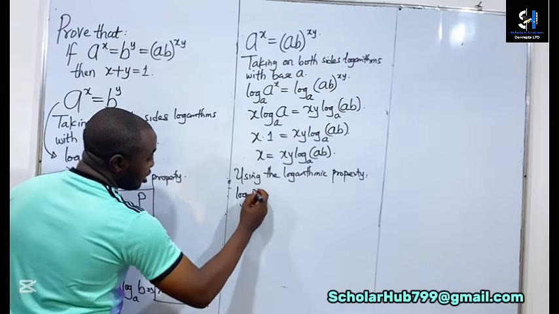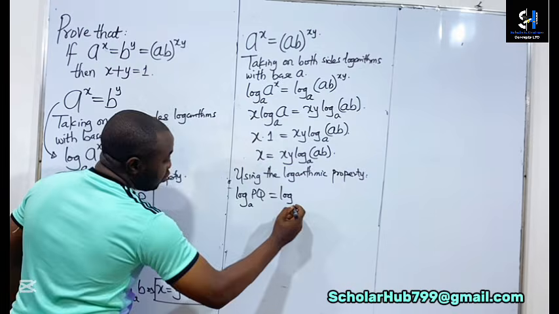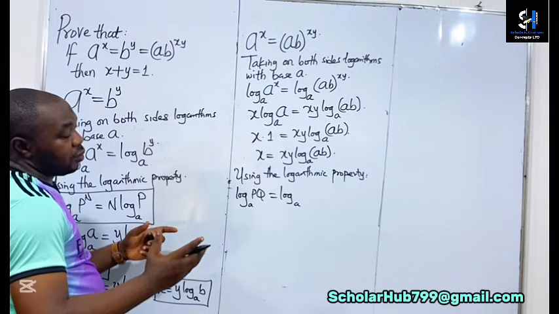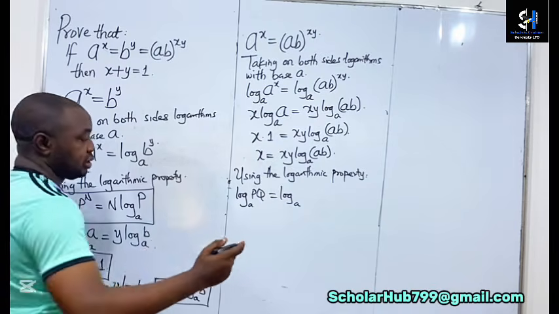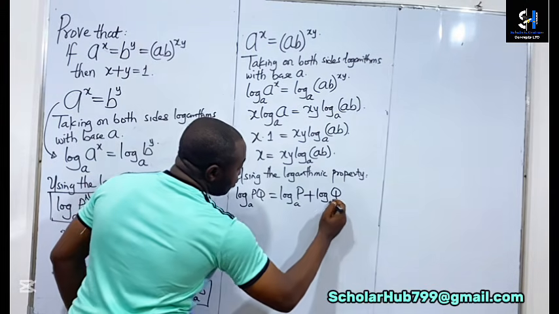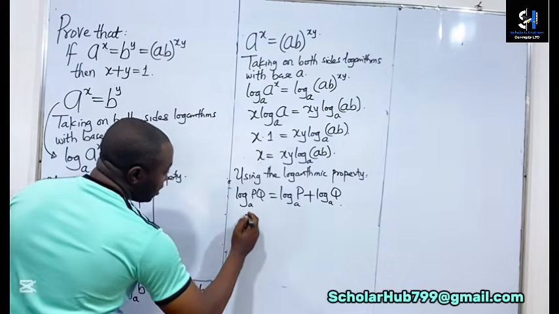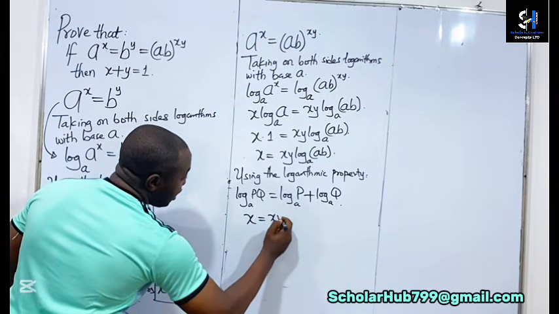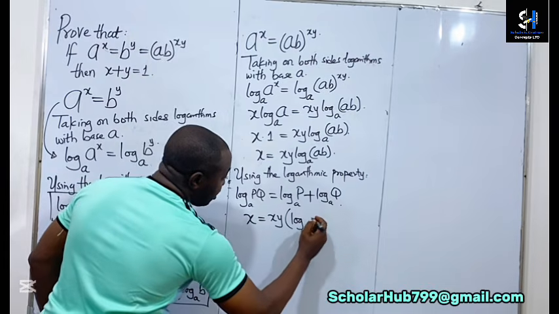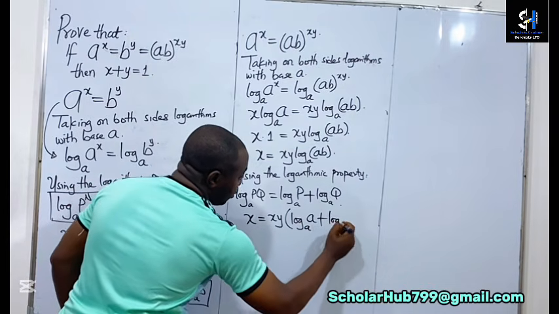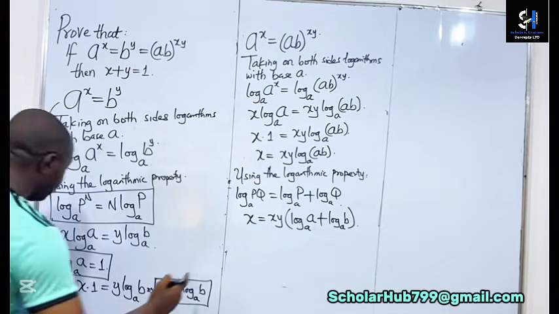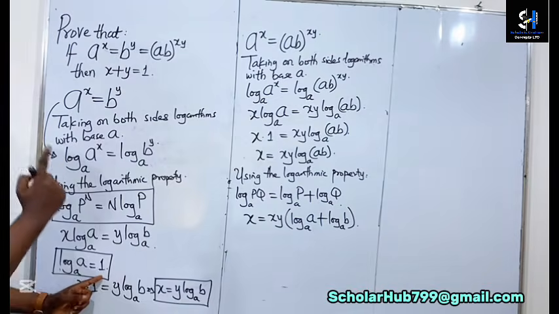Logarithm to base a of pq equals the sum of the logarithms of the two separate quantities, so logarithm to base a of p plus logarithm to base a of q. So this will be x equals xy (logarithm to base a of a plus logarithm to base a of b).